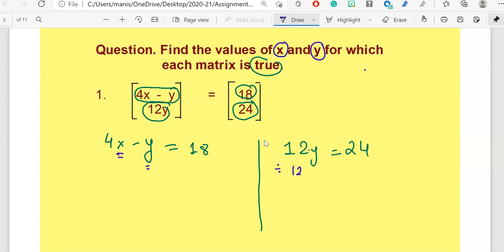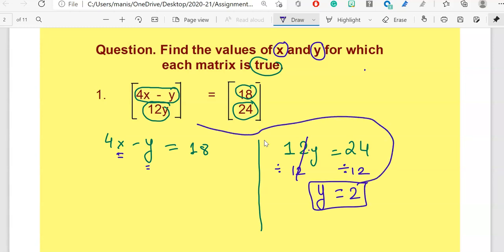What you have to do is divide both sides by 12. So what is the value of y? 2. Now since you know the value of y, you can substitute the value of y over here. So when I do this, my next step will look like this. How did I get 2 here? Because this is the value of y which came from here. Now it is very easy for me to solve this equation.